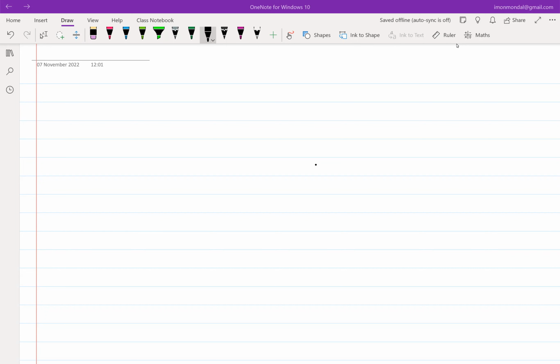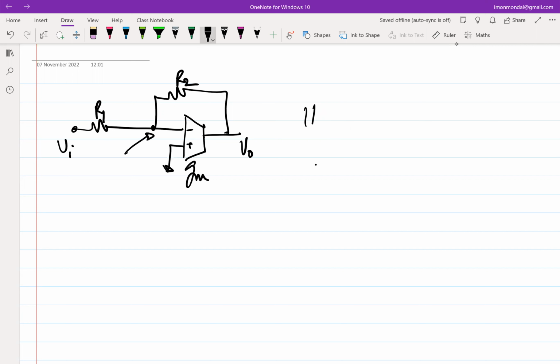V0 over Vi is actually what, if I don't assume infinite gain? Ideally it should be minus R2 by R1 if this is a virtual ground. Correct. So this is H infinity, which is minus R2 by R1.